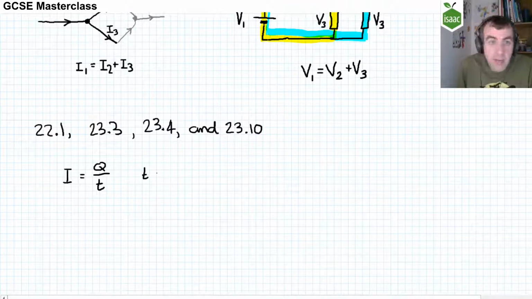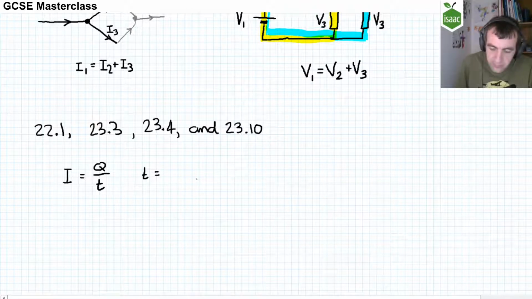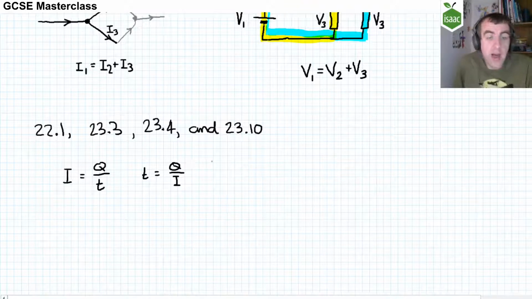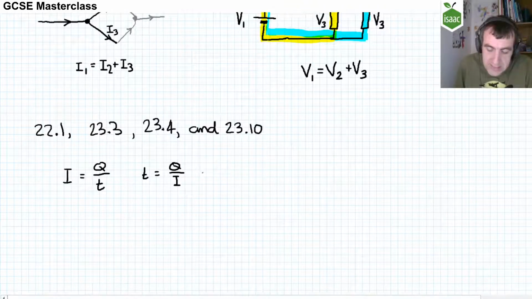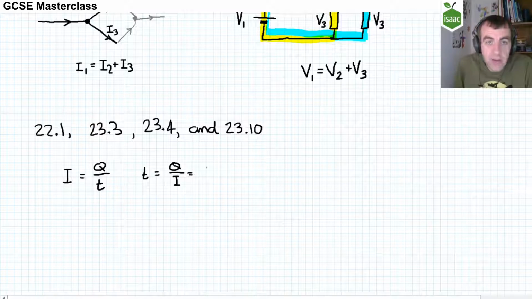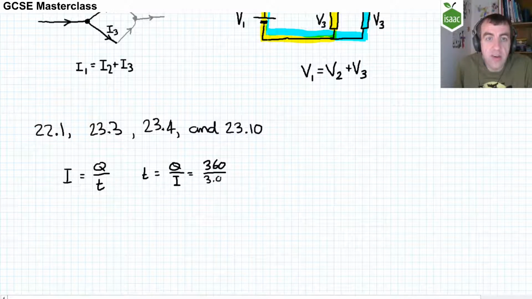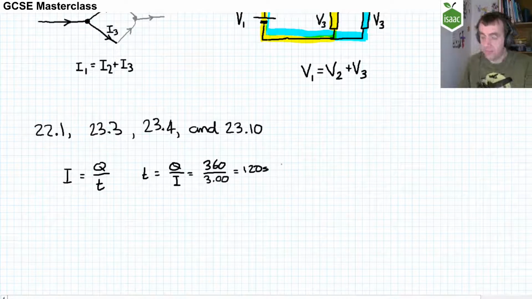Therefore, the time it takes for the charge to flow is the total charge divided by the current. So I've divided through by I and multiplied through by T. Substituting our numbers in, we get 360 coulombs of charge divided by 3.00 amperes of current, and that's 120 seconds, or 2 minutes.